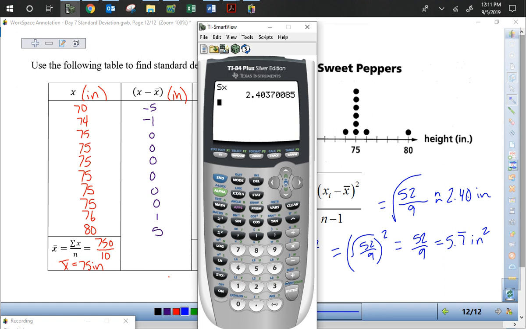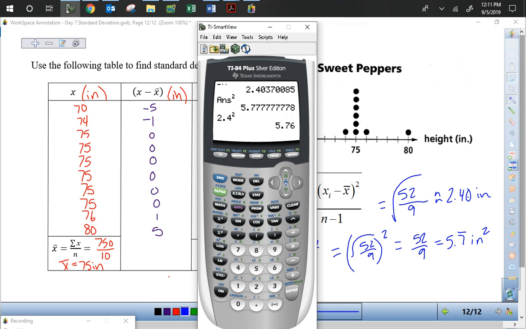You don't need to do this, but just to show you, it brings that up. Again, it's only stopping at the 5 because our calculator can't show any more digits. But then if we hit square it, it'll give us that exact 5.77. Whereas if we were to just take the 2.4 and square it, we wouldn't have as accurate of a number there. So we always want to use the whole value.